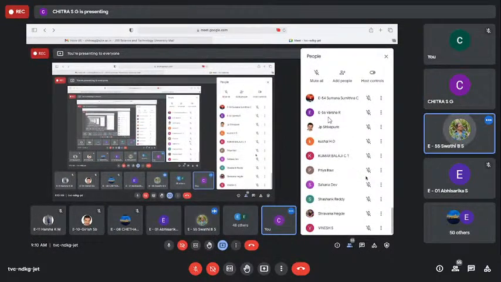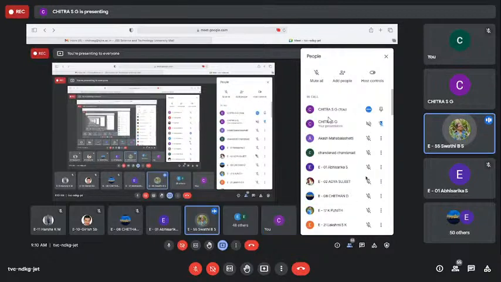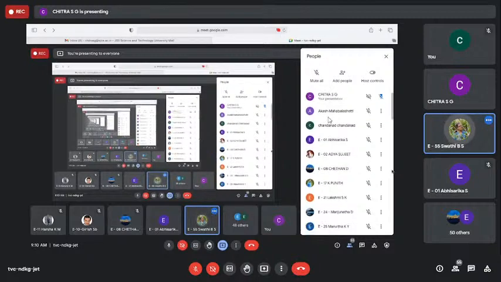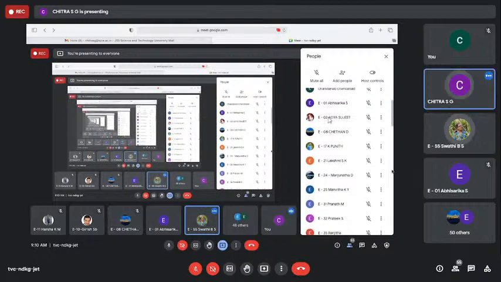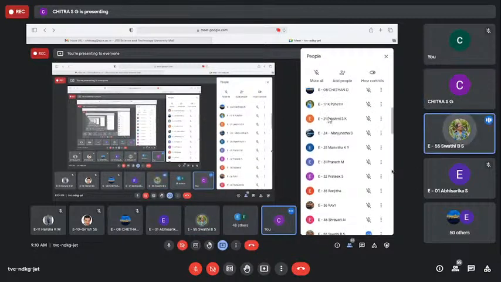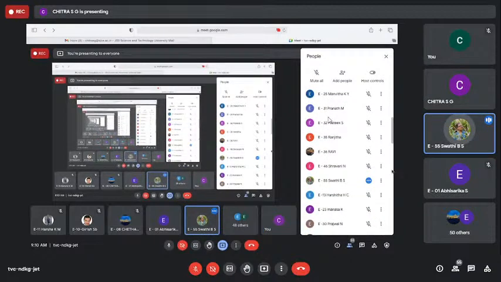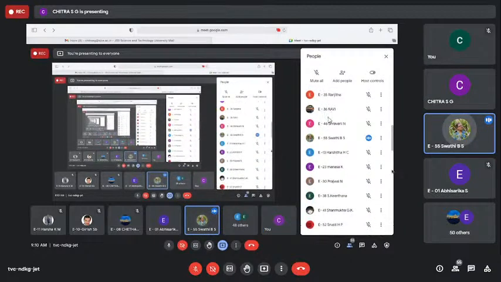Excuse me, ma'am. If we use the first formula, numerical aperture is equal to sine theta naught, which is equal to root of n1 square minus n2 square by n0, I am getting the answer as 0.0547. But if we use numerical aperture is equal to n1 root of 2 delta, I am getting the answer of 0.0474.